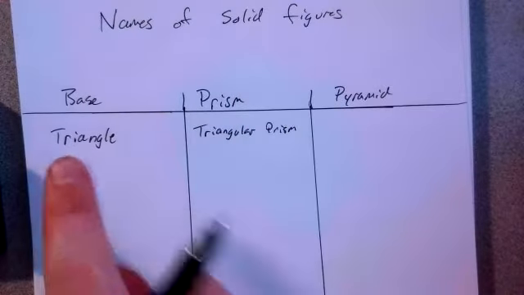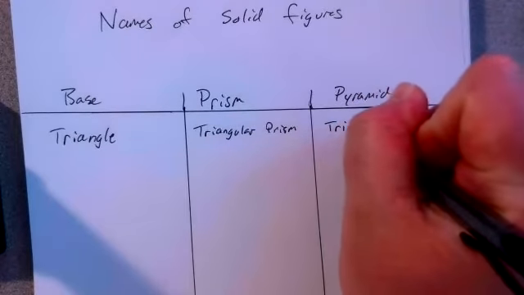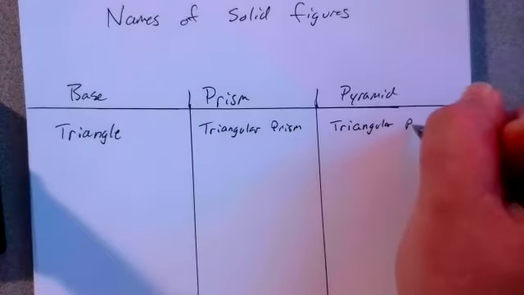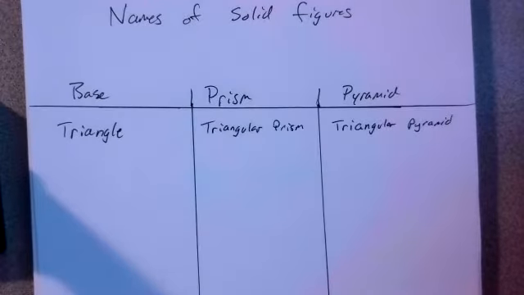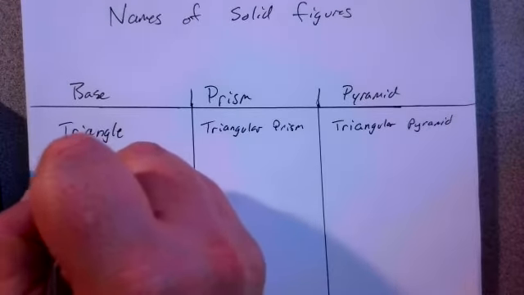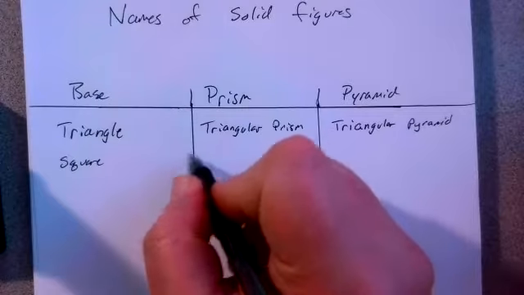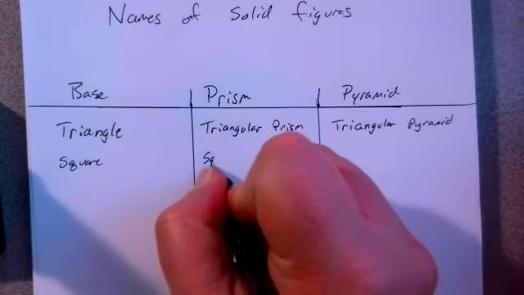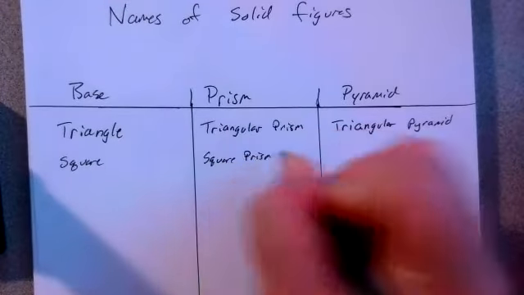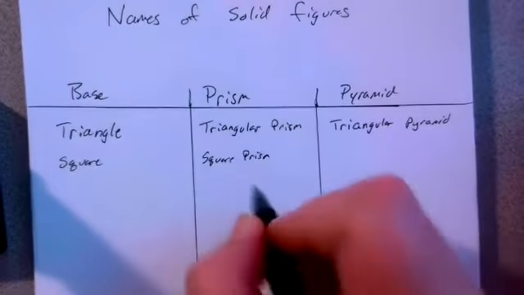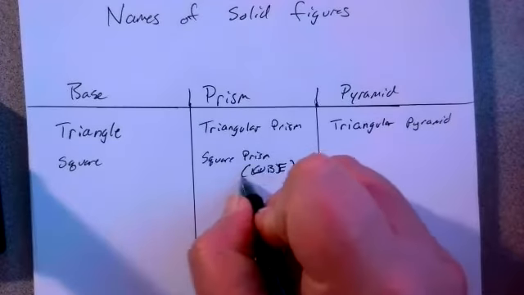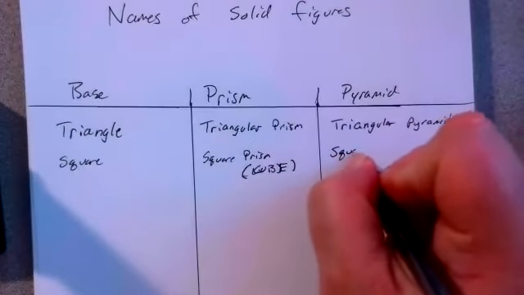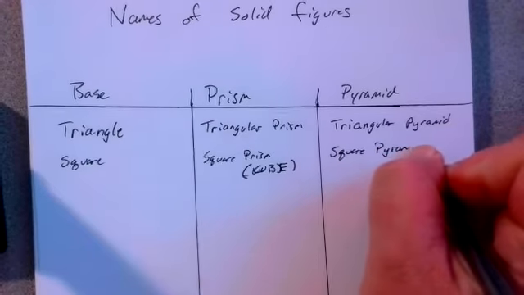If the base is a triangle and all the sides converge at one point, then we would call that a triangular pyramid. All right, no big deal. What if the base is a square? We would call it a square prism. In a very particular instance, we would call it a cube. Or we could call it a square pyramid.